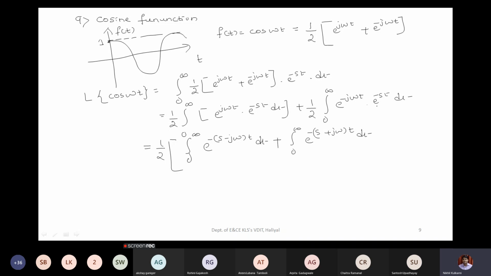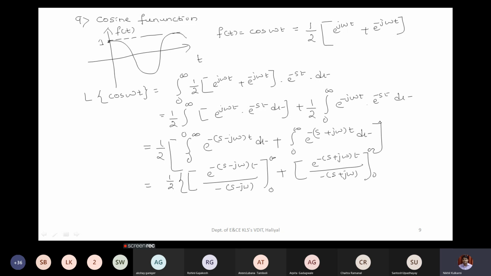Now if you use the exact values here, it yields e to the power minus (s minus j omega) t divided by minus (s minus j omega), plus here also from 0 to infinity, e to the power minus (s plus j omega) t divided by minus (s plus j omega), with limits 0 to infinity.